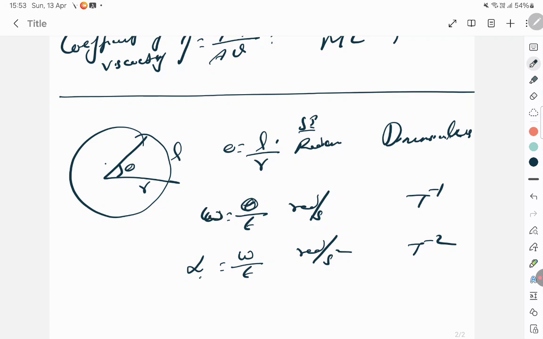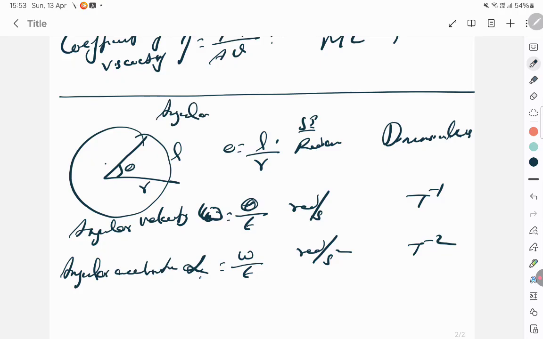So omega is the angular velocity, alpha is the angular acceleration. Angular displacement is theta. So you understand different terms from this. This is all in rotational motion.